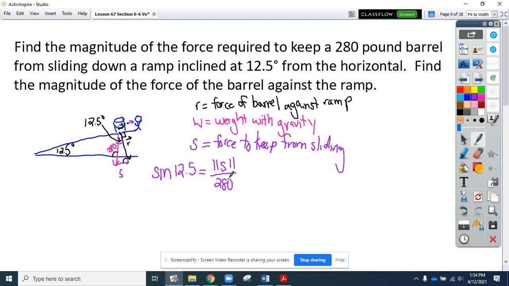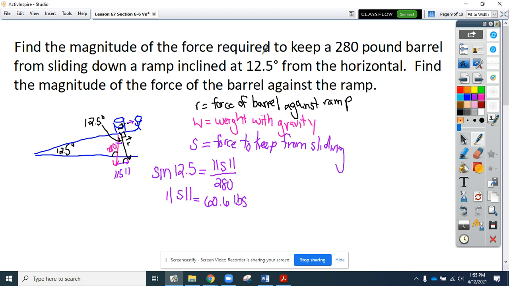Why is it the magnitude of the vector? That's just what I'm calling this side, right? Opposite over hypotenuse is sine. So magnitude of the vector, if I type it in my calculator, I get approximately 60.6 pounds. All right, I know it's in pounds because it's the same unit as the weight of the barrel. So that is the force required to keep it from sliding.